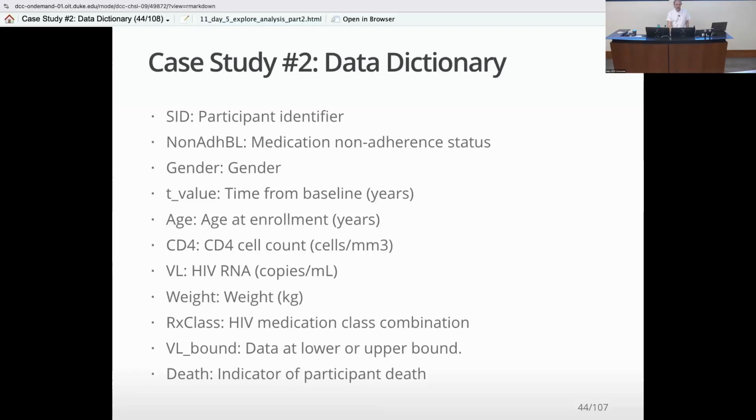So age at enrollment. Yeah, I think it's going to be the same. CD4 cell count, which is given as cells per cubic millimeter. Numeric continuous.